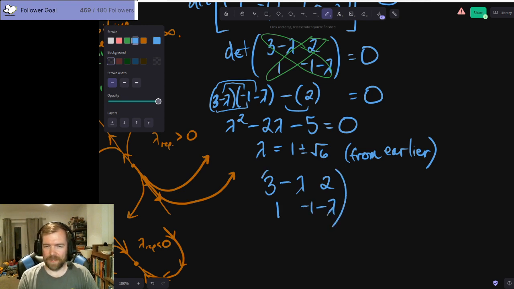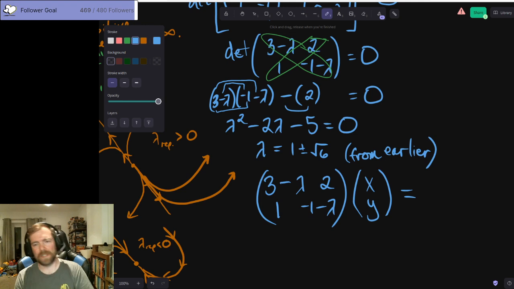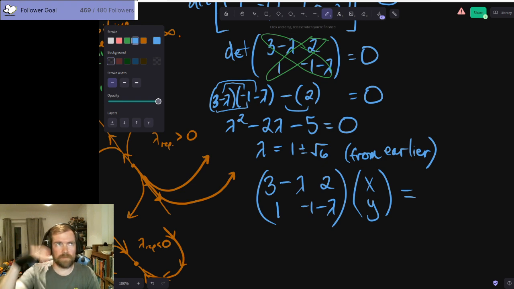Right, so really what we want here is our x prime, y prime vector to be 0. So as you said, null space.